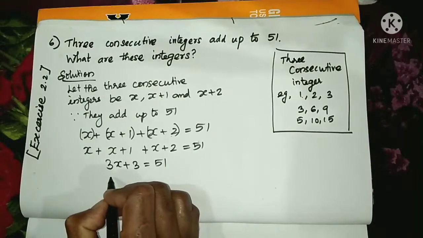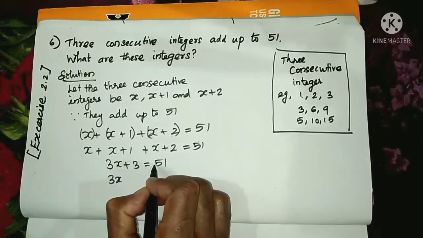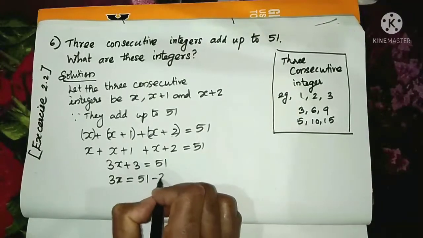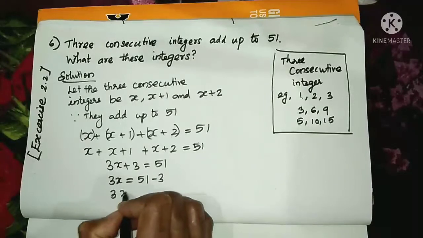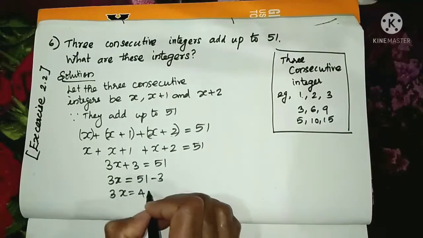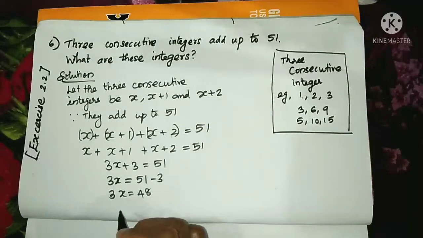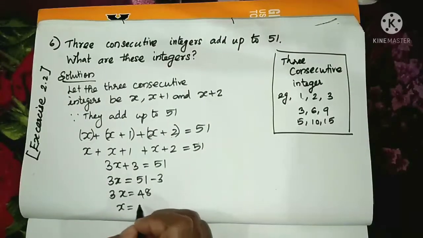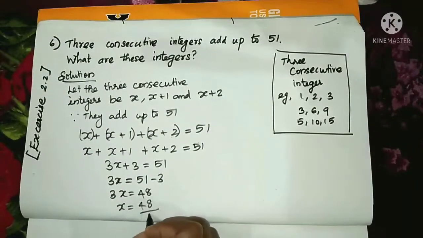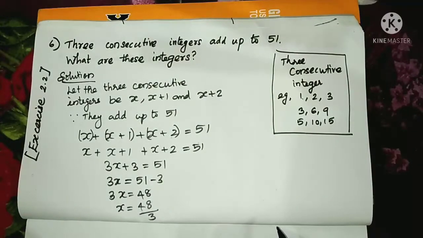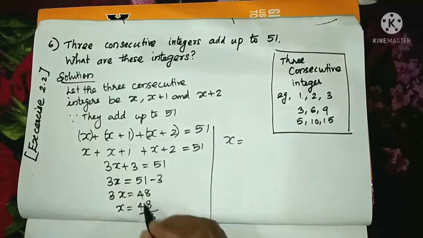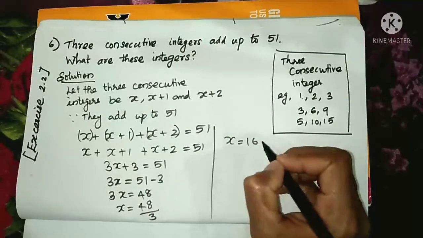Then we can send this 3 to the right side, so we get 51 minus 3. So 3x is equal to 48. We'll get x equal to 48 divided by 3, which is 16.